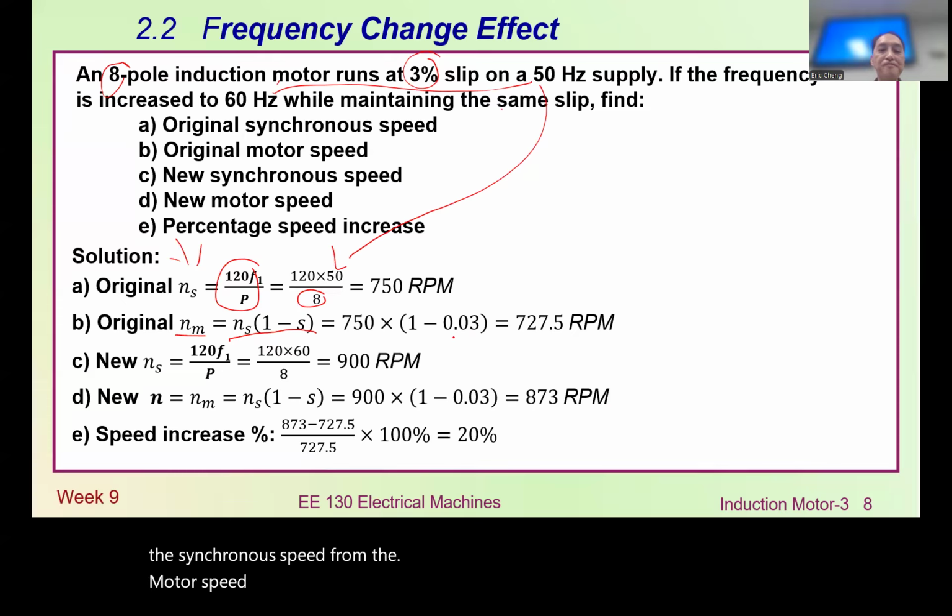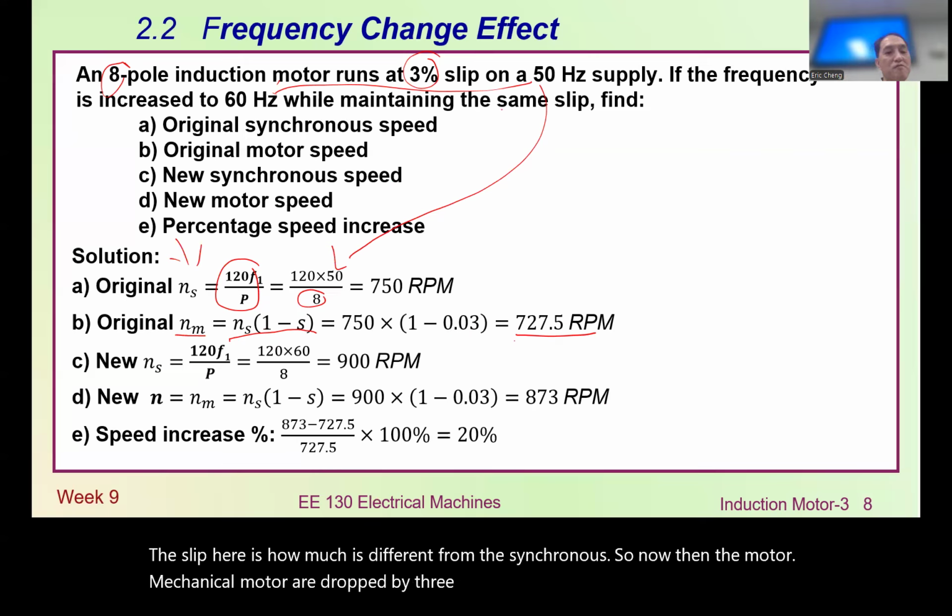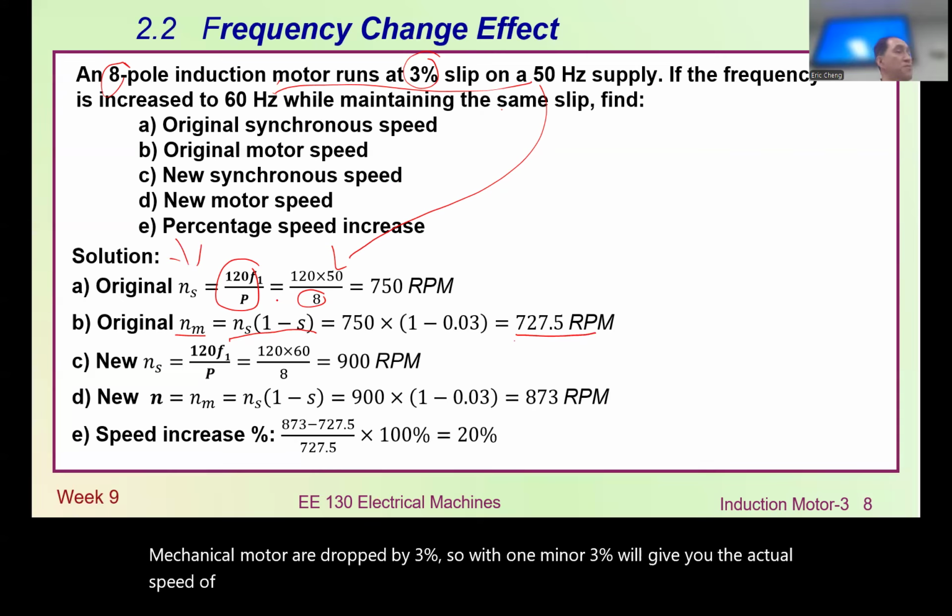So that is 727.5 RPM. The slip here is how much it is different from the synchronous speed. So the mechanical motor speed is dropped by 3%. So 1 minus 3% will give you the actual speed of the mechanical motor rotation. So that will give you say 727.